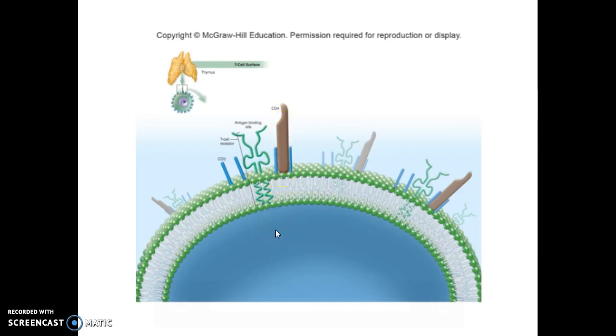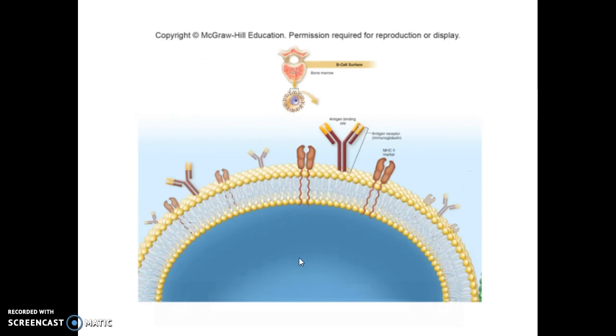The CD4 molecule is going to give the name of this cell a CD4 positive T cell or a helper T cell. And if it were a cytotoxic T cell, instead of seeing CD4 here, you would see CD8. And those cells are then called CD8 positive T cells. All right, so T cell receptor, more complex than the B cell receptor. The B cell receptor is actually quite simple. It's just this Y-shaped molecule.